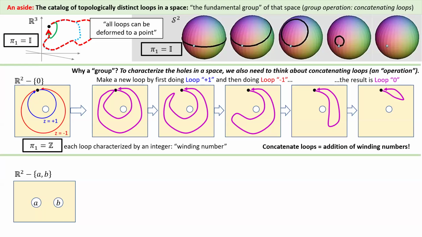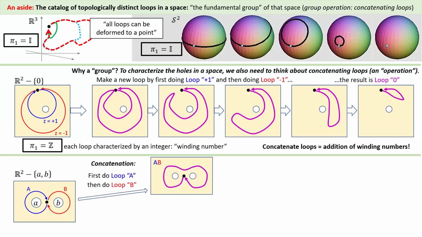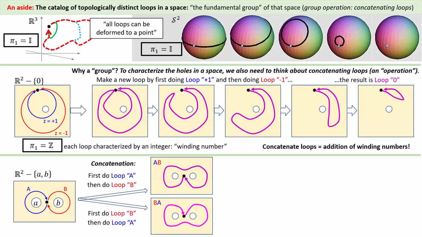There are situations in which it is way more complicated, like a plane with two holes in it, called A and B. Again, you can see that red loop cannot be transformed into blue loop, so there's something going on here. But the more subtle thing is that if I do loop A and then loop B, and get this thing here, or if I do loop B and then loop A, these are not equivalent.